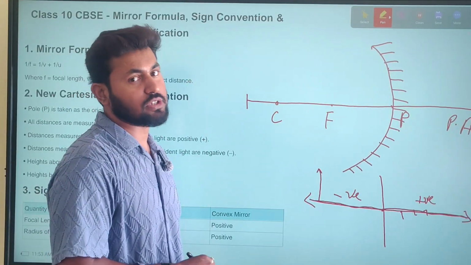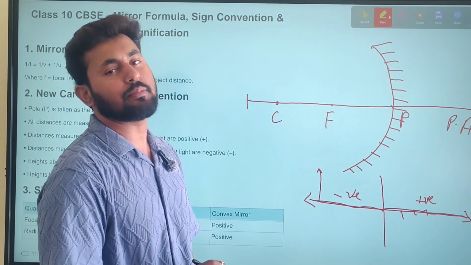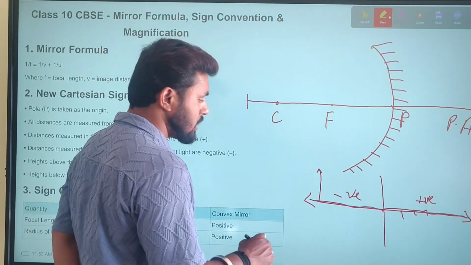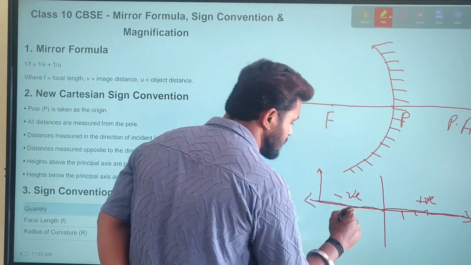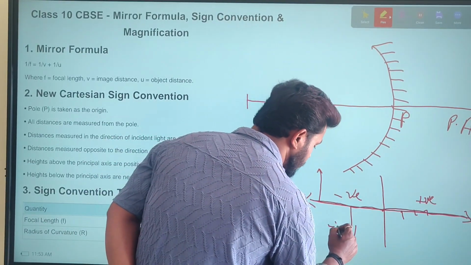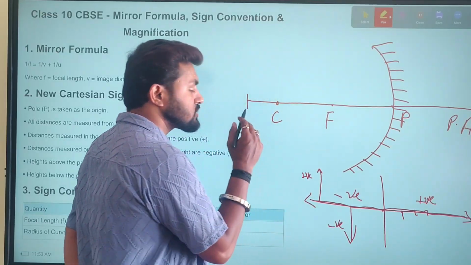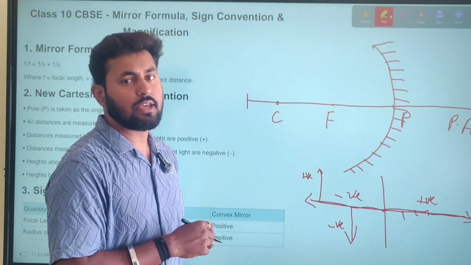You need to take that as positive. Why am I telling you this? Because you need to take the height of an image or the height of an object. If I am taking anything below like this, it will be negative, and anything standing on top of the x-axis is positive.